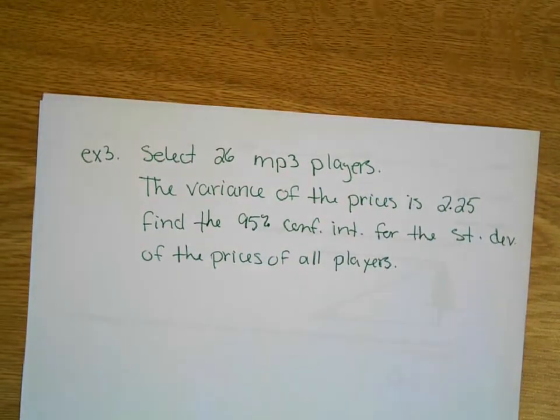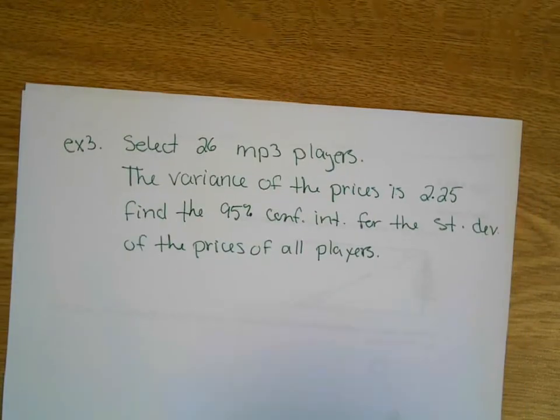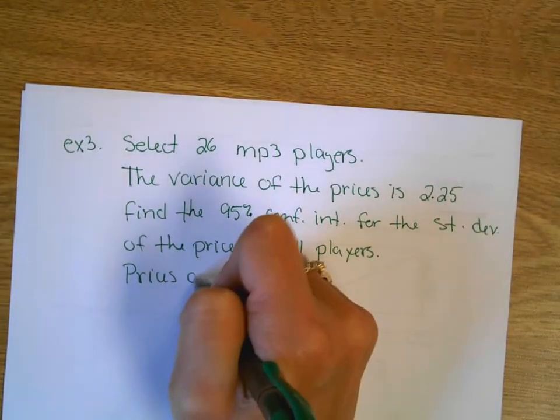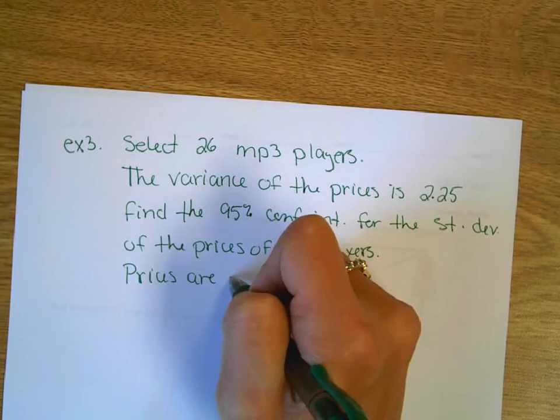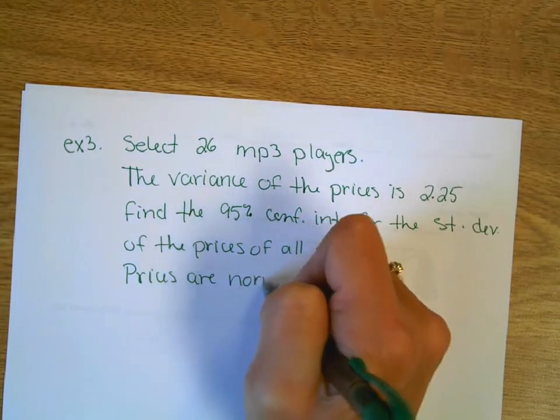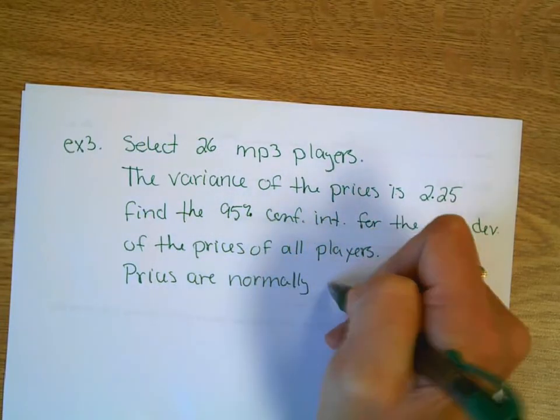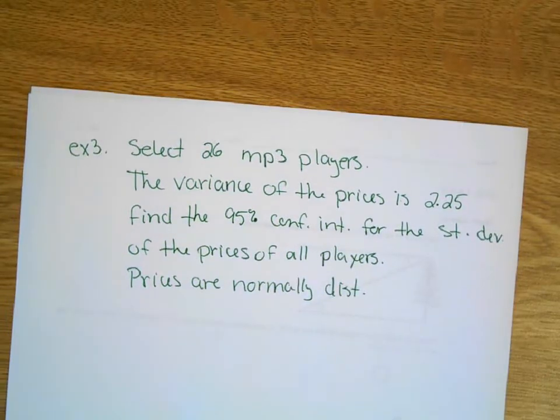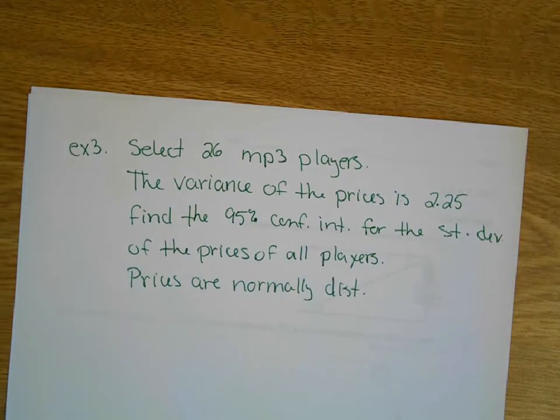We're going to select 26 MP3 players, and the prices are normally distributed. The variance of the prices is 2.25. Find the 95% confidence interval for the standard deviation of the prices of all players.